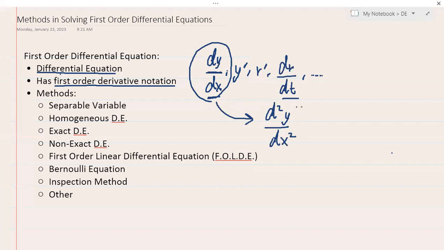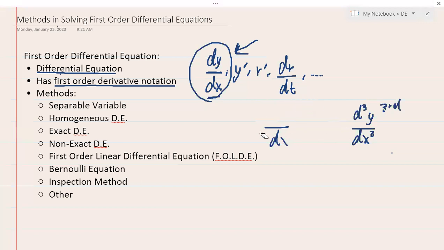Ito, second order na to. Okay? So, kapag third order kaya, ganito yung tsura niya. d cube of y all over dx cube. So, this is third order. Okay? So, dapat sa differential equation, maging first order siya kapag ito ang given mo lang. Ito lang.